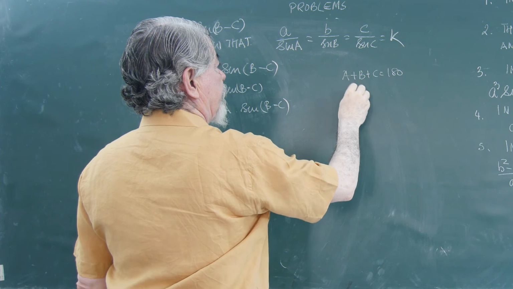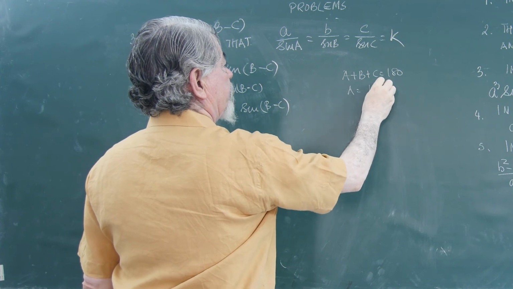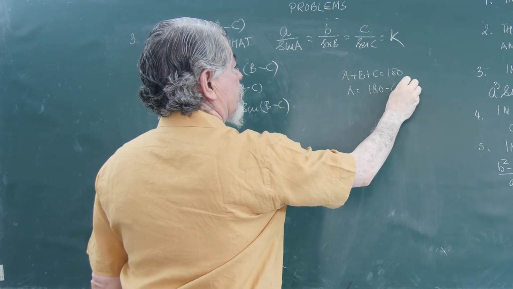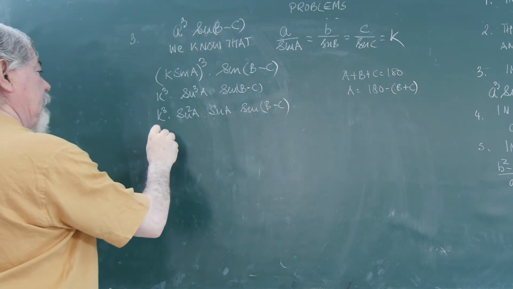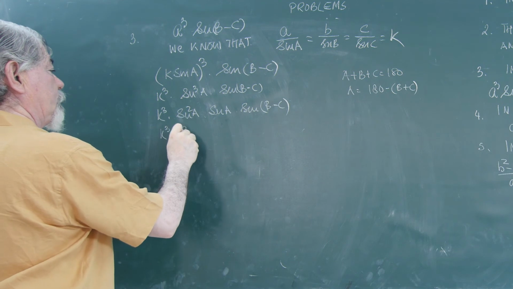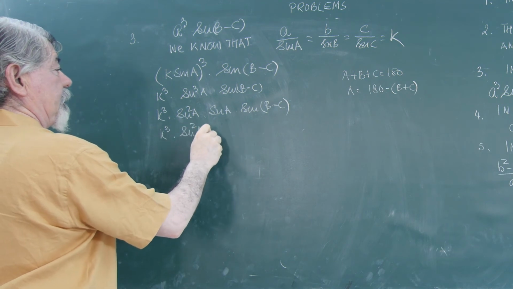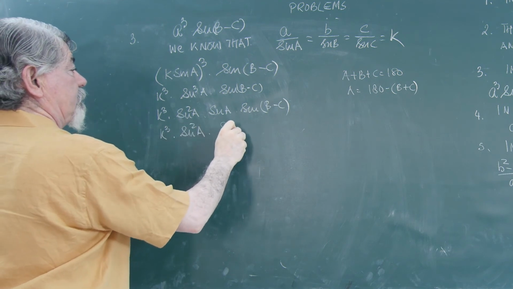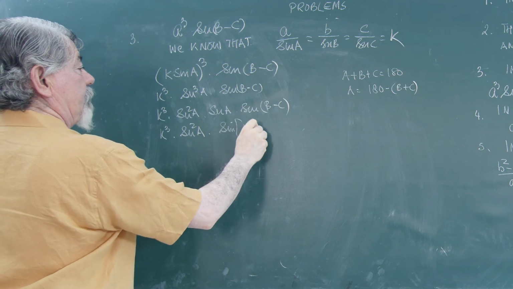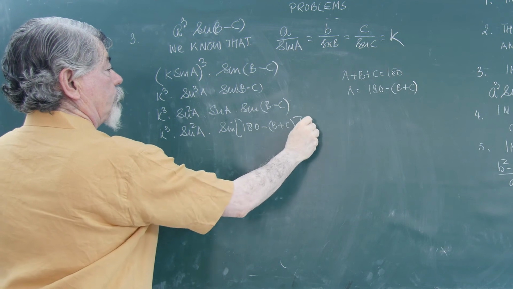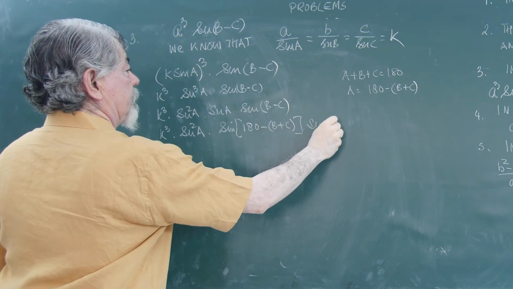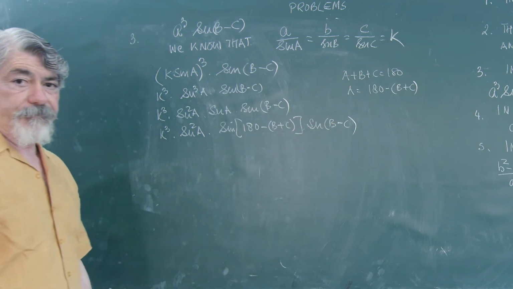So A will be 180 minus (B plus C). So instead of sine A, I'll write sine square A, and here I'll write sine (180 minus (B plus C)) into sine (B minus C).